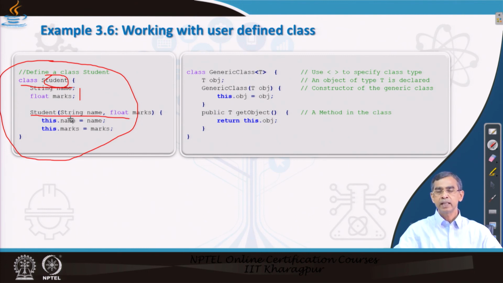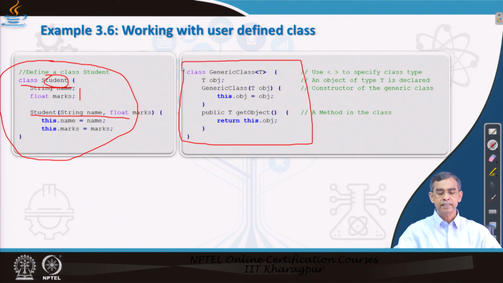This is the user defined data type student, and this is the similar concept for declaring a class as a generic class. Generic class T is the template, that means it can hold any type, integer, double, string as in the earlier case. At the same time we want to show that this also works for this type of data, that means this template T can also hold student.